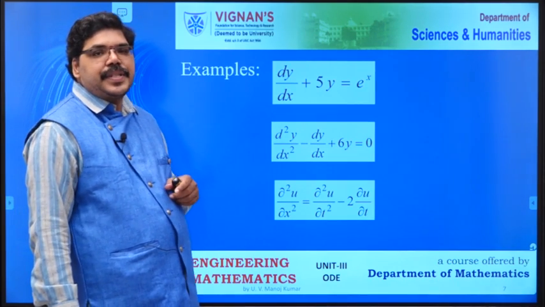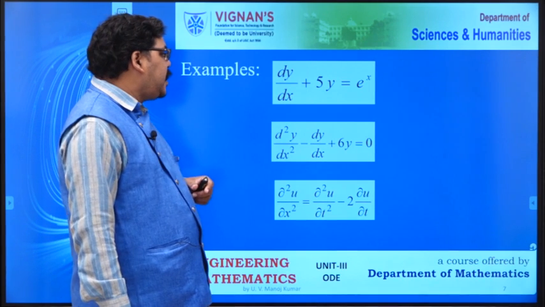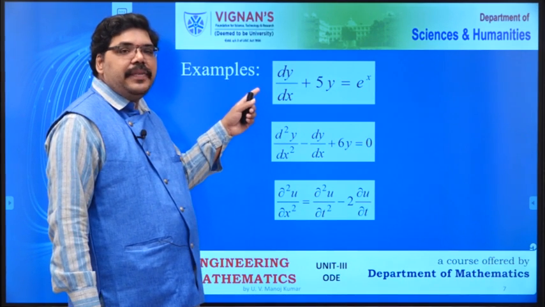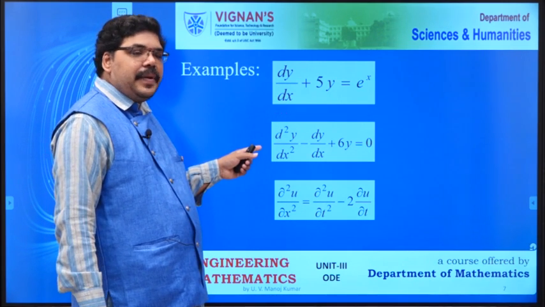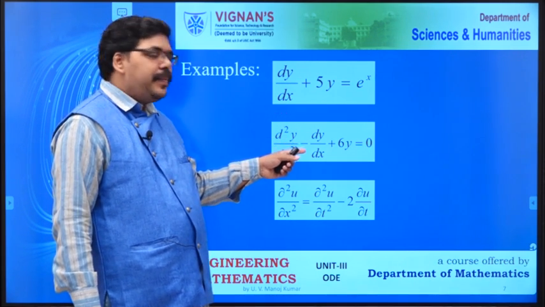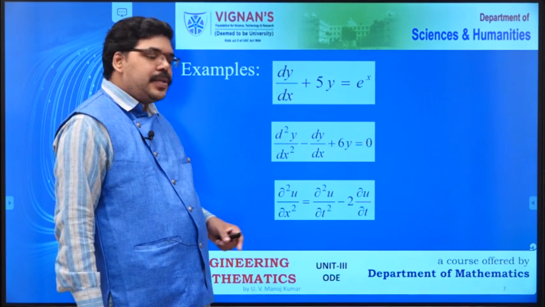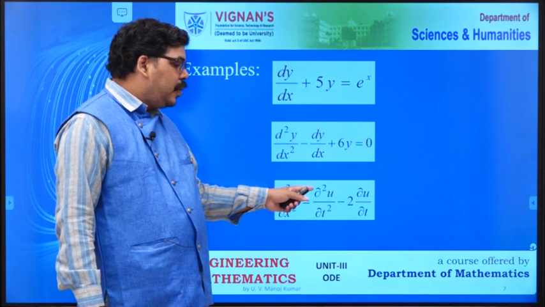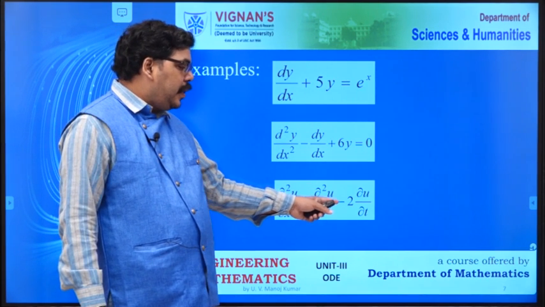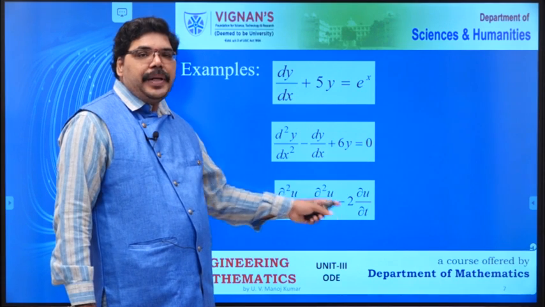Here are some examples. The first example is dy by dx plus 5y equals e power x. The second is d square y by dx square minus dy by dx plus 6y equals 0. The third is dou square u by dou x square equals dou square u by dou t square minus 2 into dou u by dou t.